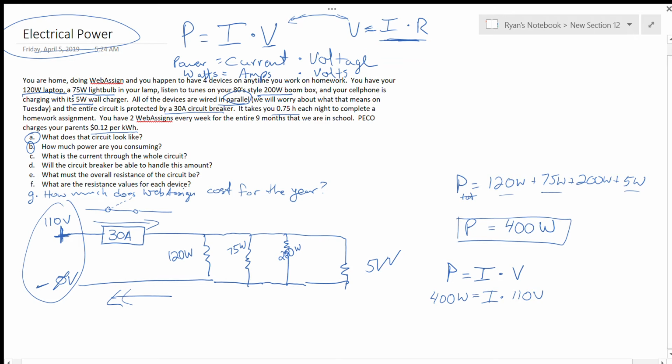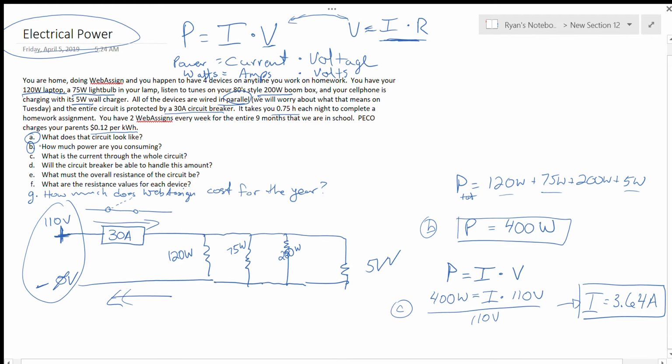All right, when I divide the 400 by the 110, I get that the current in the entire circuit is going to be equal to 3.64 amps. You just type in 400 over 110, you get the same thing. Okay, so this is B, this is C.